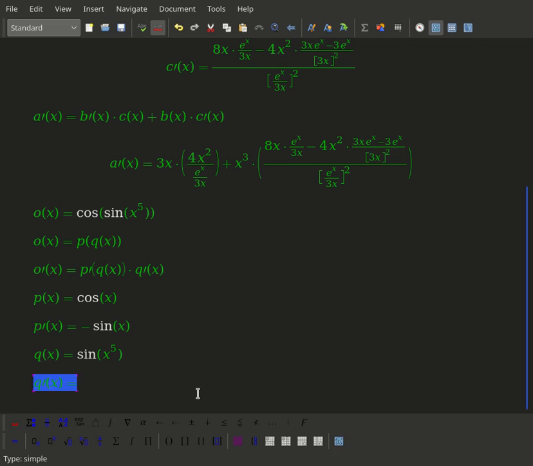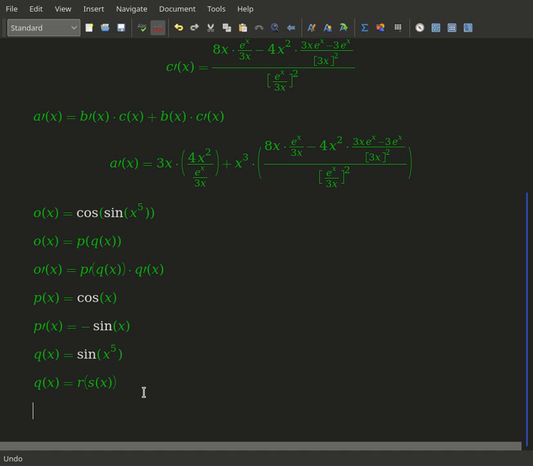So really, what we want to look at is Q of X is equal to, what you could think of it as, R of S of X, and that gives us a chain rule. And I'm going to copy and paste here because this is getting quite lengthy.